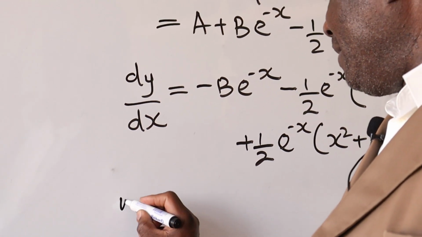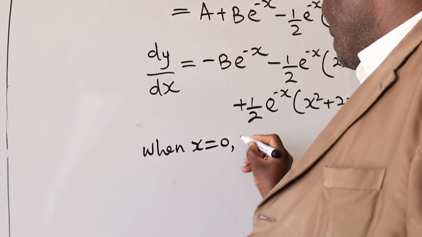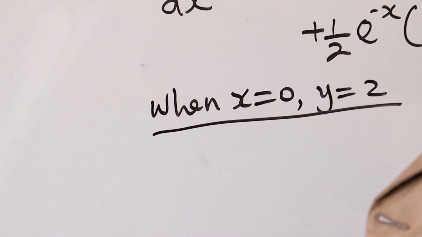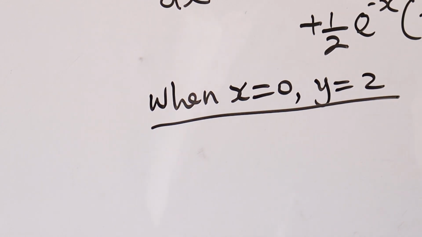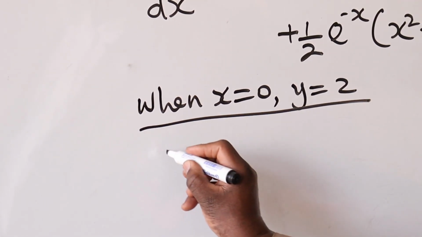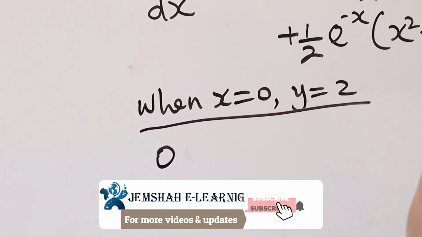So we say when x is equal to 0, y is equal to 2. So where there is y, we put 2.